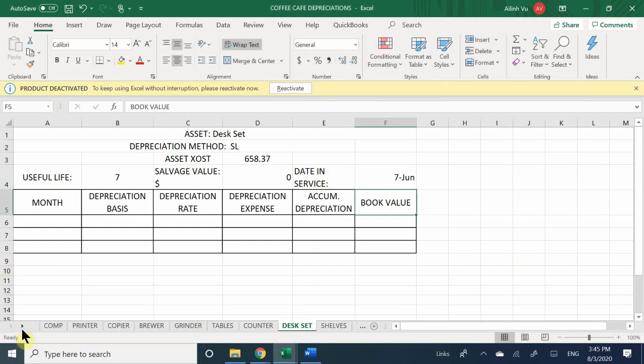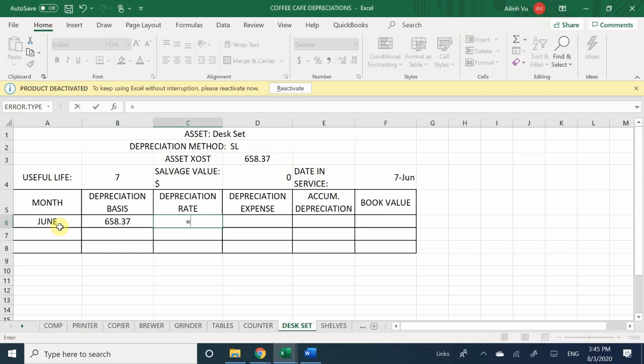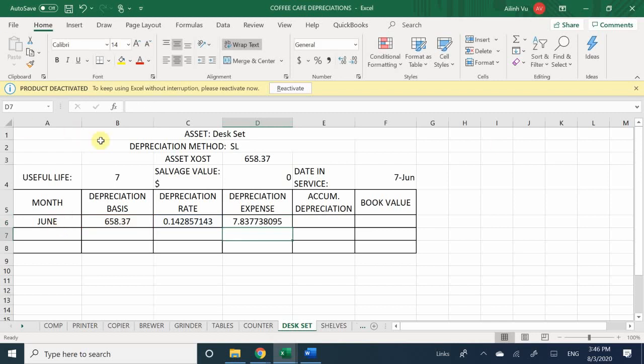Depreciation basis will be 658.37 times 0.1428. That comes out to 94, divided by 12, $7.84. 84 cents is perfect.